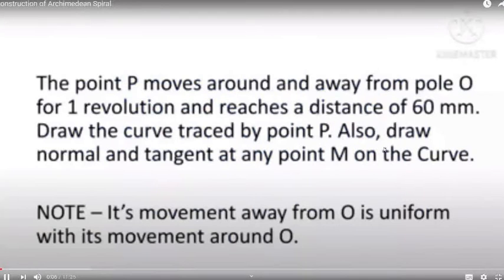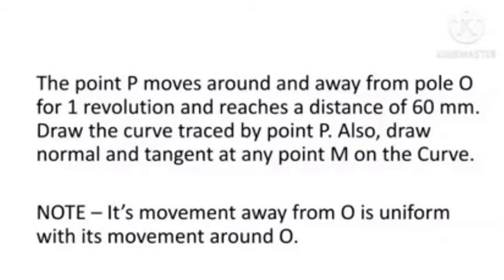Archimedean spiral. So this is a question. Let me read the question. A point P moves around and away from the pole O, for one complete revolution and reaches a distance of 60 mm. Draw the curve traced by the point P, and also draw a normal and tangent at a point M on the curve.